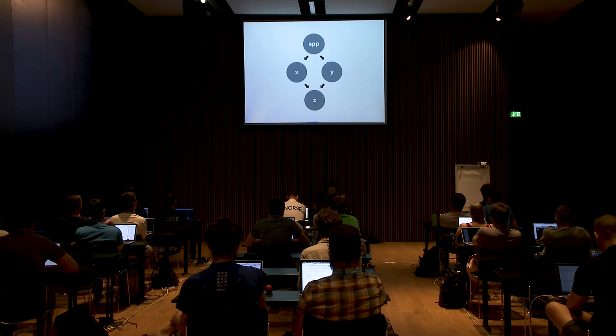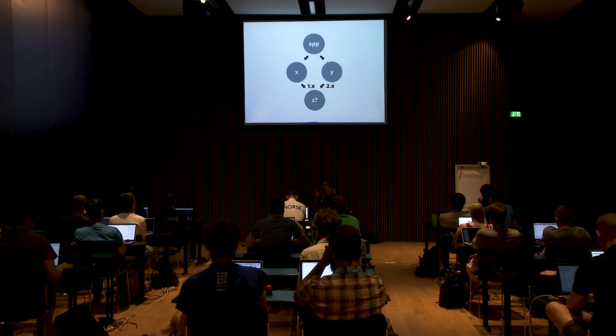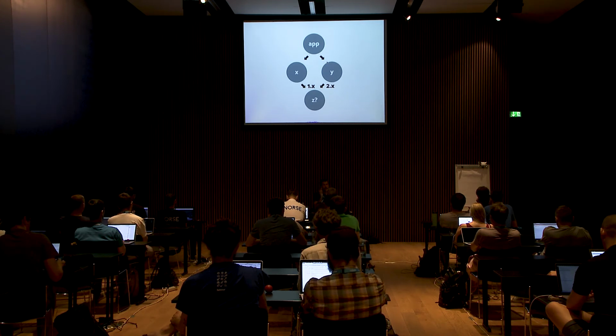And if these specify 2 versions, if these can be reconciled, if they're ranges that overlap, then NPM can just find a version that satisfies all of the packages and install that.